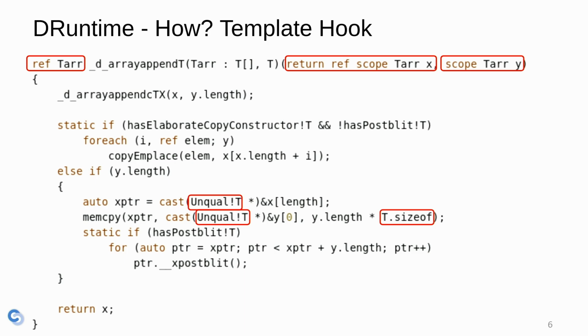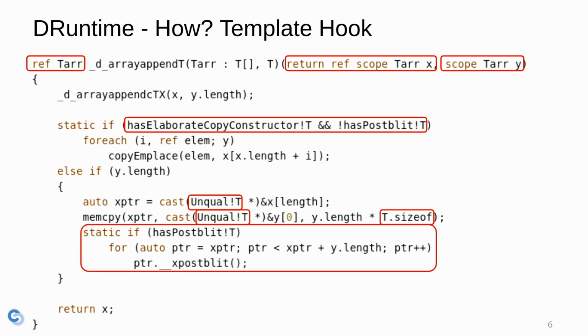So the runtime doesn't pay a penalty for this. You pay a small penalty at compile time, which I'll show at the end. But we also gain something else. A lot more flexible type information. So we can now ask the type if it has a copy constructor and implement code that makes use of it. And of course, we don't forget about post blitz. We treat those as before.